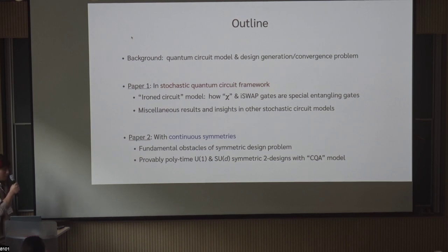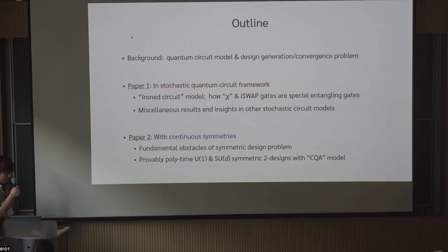And then we will talk about this problem in two different frameworks. The first is what I call the stochastic quantum circuit framework, where basically instead of hard random local gates, we allow some arbitrary ensembles, and we consider the convergence properties of them.